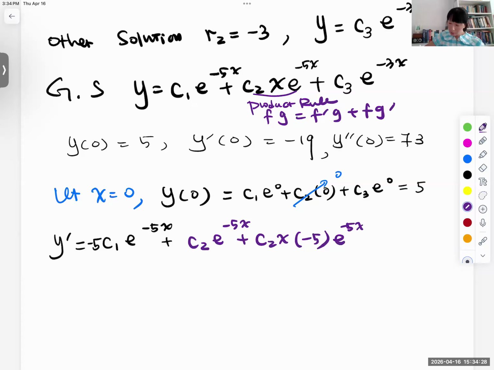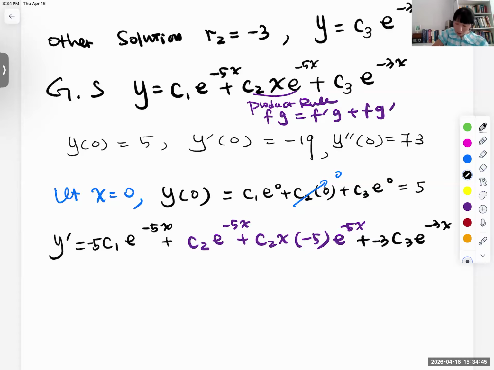Please correct me if I make a mistake. And the last term, plus c sub 3 e to the negative 3x times the negative 3.